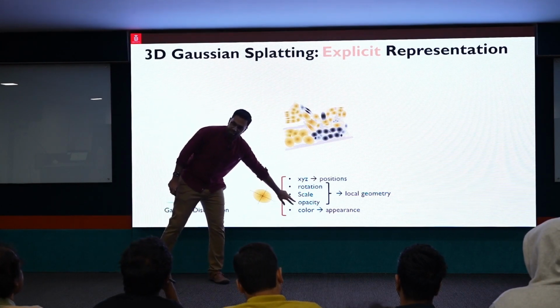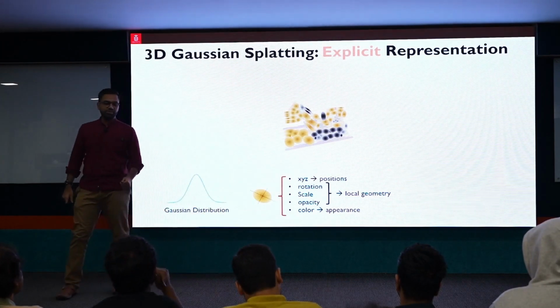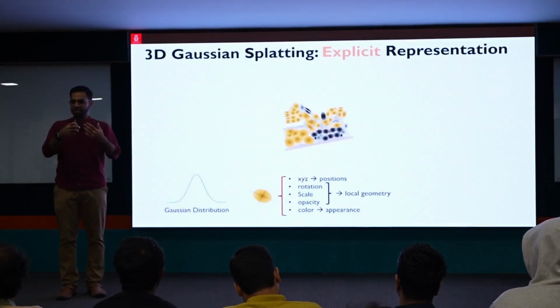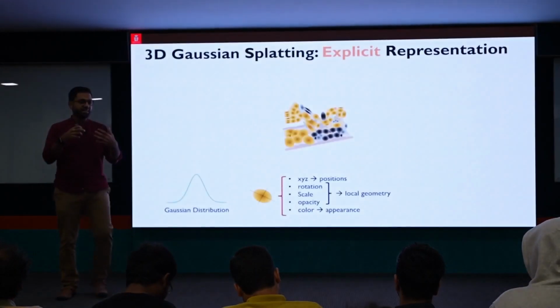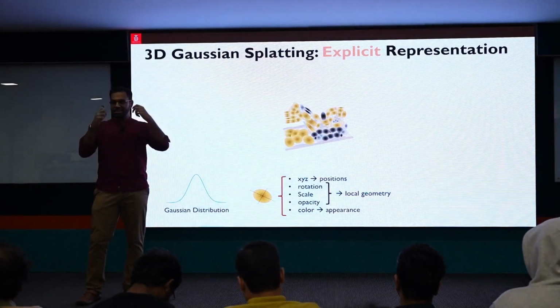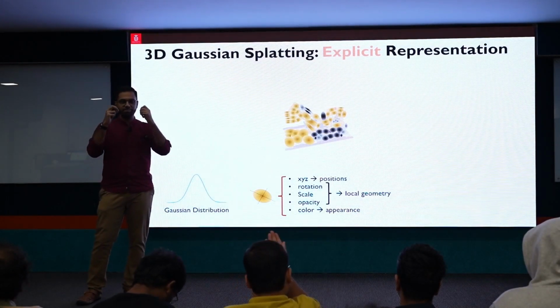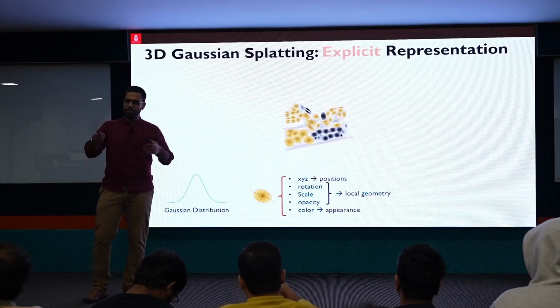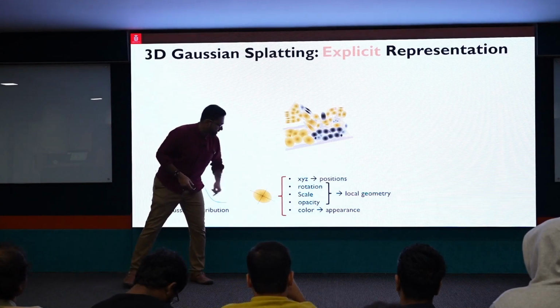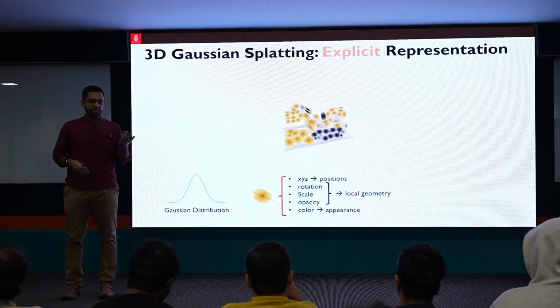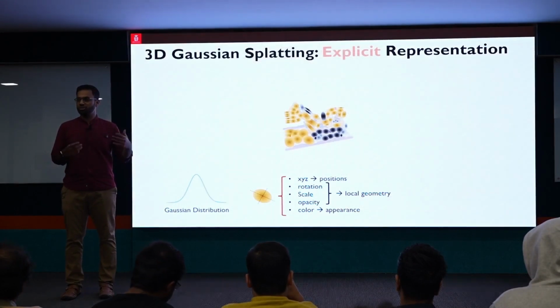Additionally, we have 2 other things. We have opacity, which is how transparent a Gaussian function should be. As we discussed last time, if you have smoke or fog, that is transparent, right? Some light passes through it, so you want to model those things as well. So you have opacity, and then you have the color. Just like in NeRF, you have a color. Color is a proxy for the radiance.